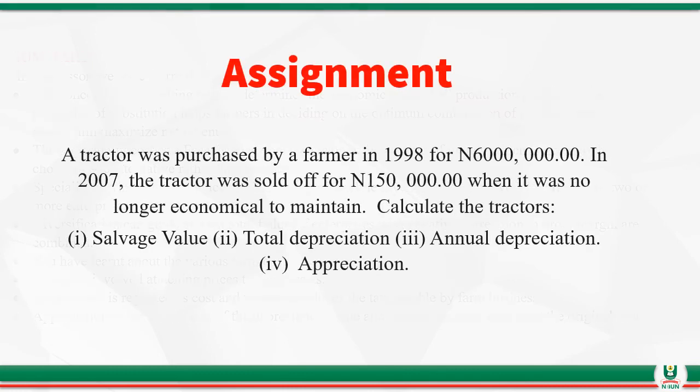Before we close, I give you this assignment. A tractor was purchased by a farmer in 1998 for 6 million naira. In 2007, the tractor was sold off for 150,000 naira when it was no longer economical to maintain.